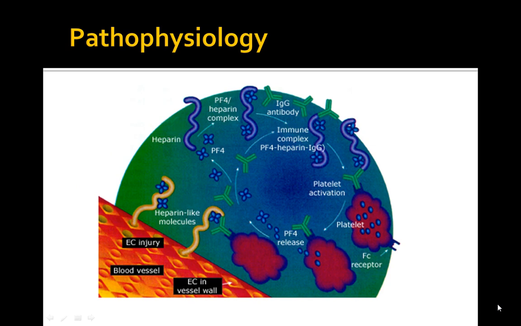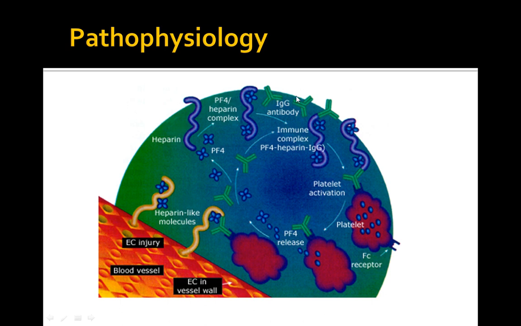Okay, and here's a diagram showing you the exact pathophysiology. As you can see, you have the blood vessel here, and then there's heparin-like molecules coming out here, and when heparin is given, there's a complex, PF4 and heparin complex, that's formed.